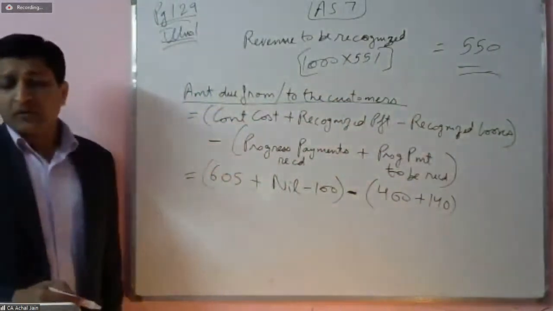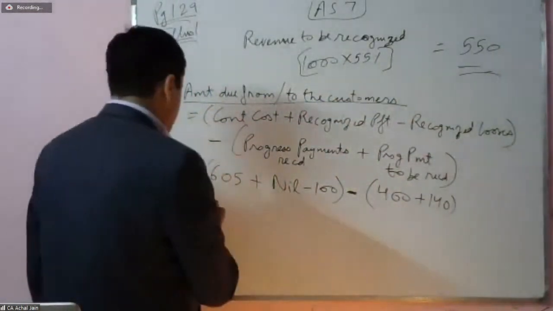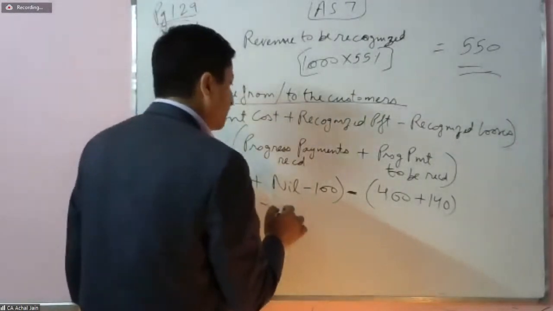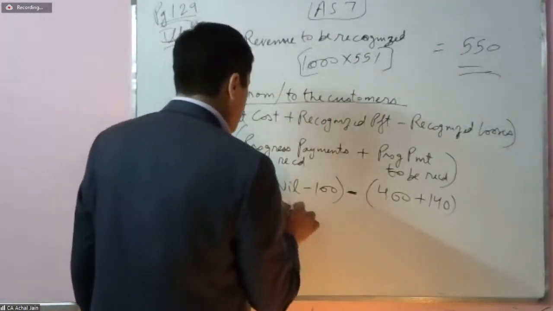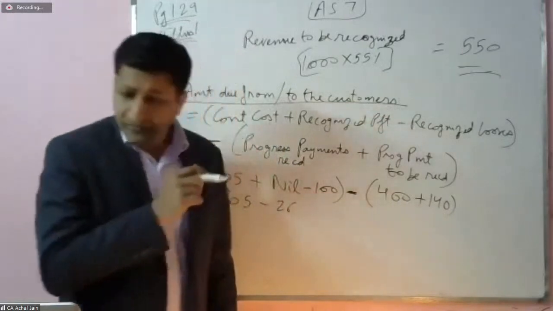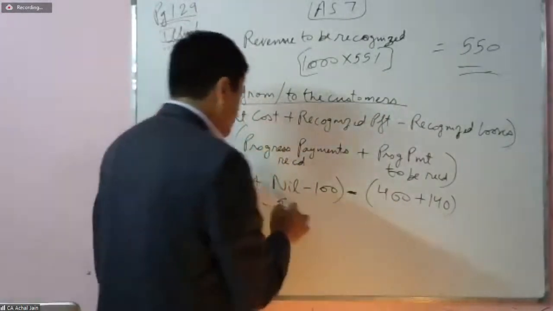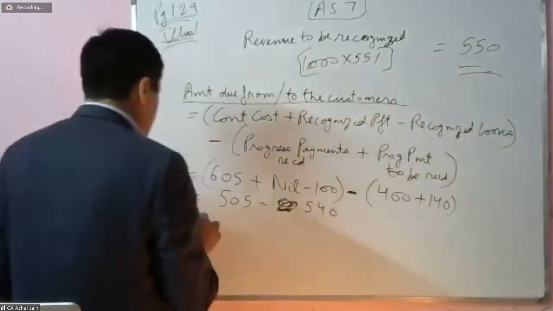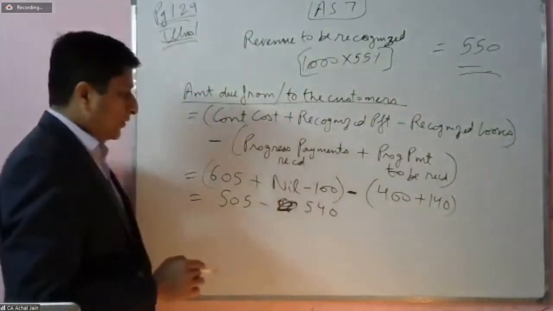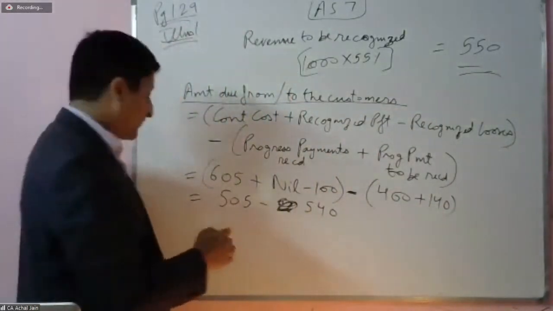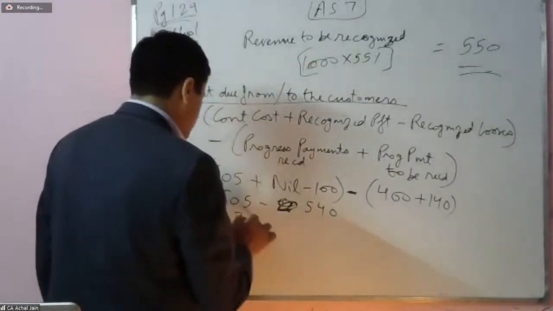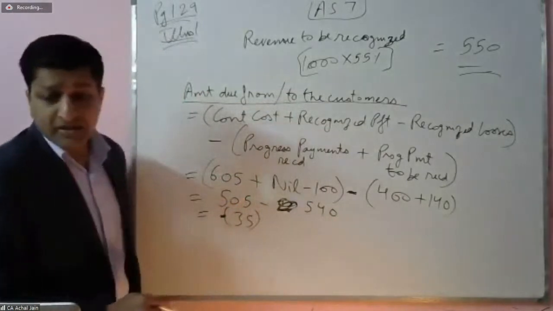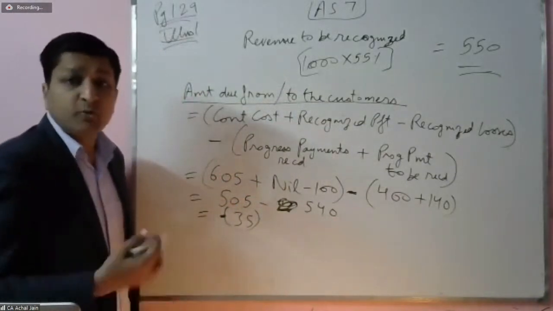So what do we find? It's 505 minus 540. Now what do we get? Negative 35. So that means it's the amount due to customers.